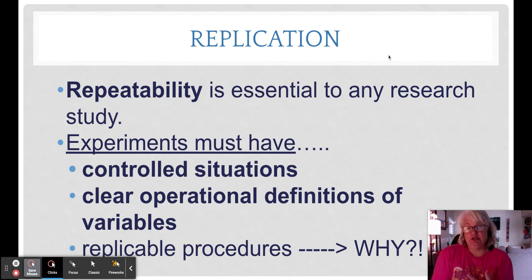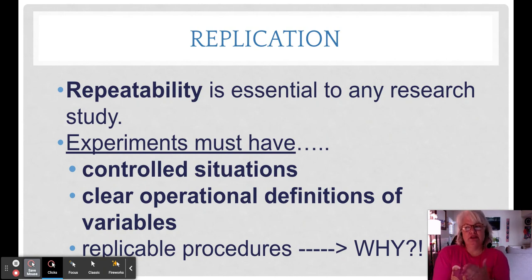Replication is really important. So if I do an experiment on, let's say, a new drug, and I find that it worked really, really well for, I don't know, depression, and then another group, another lab tried the same experiment, and they did not get the same results, then I can't really trust it, right? Because maybe something was wrong in mine, maybe something was wrong in theirs.